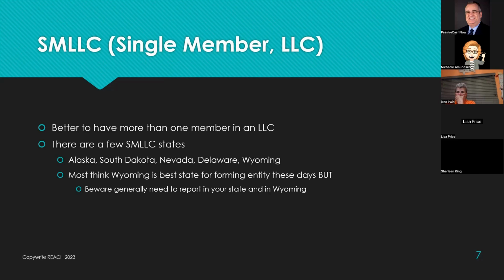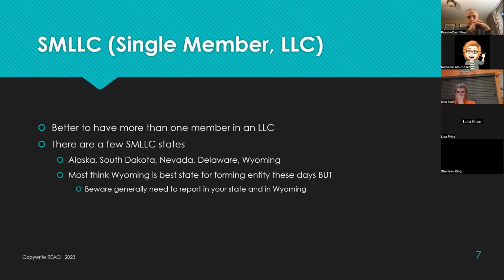So the current thinking a lot of times is it's better to have more than one member in an LLC, more than one person as an owner. Now, it can be you and another LLC. It can be you and another person. It can be you owning 95% and somebody else owning 5%.